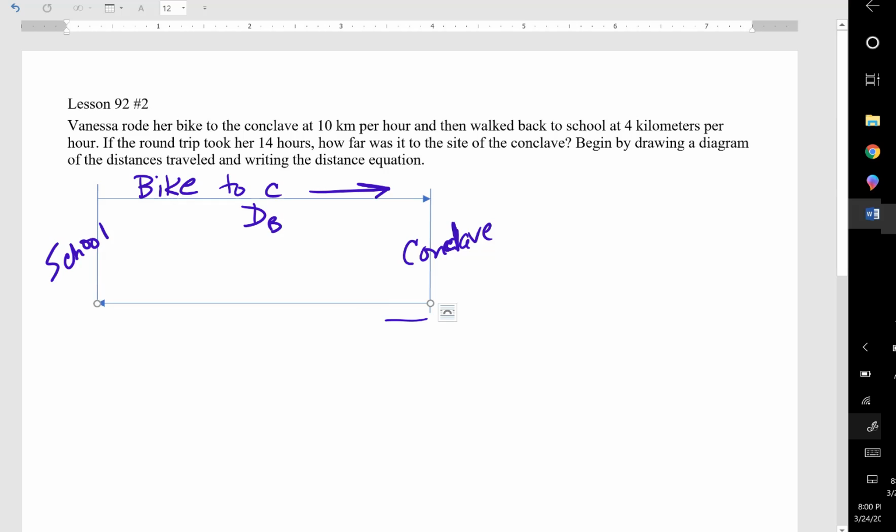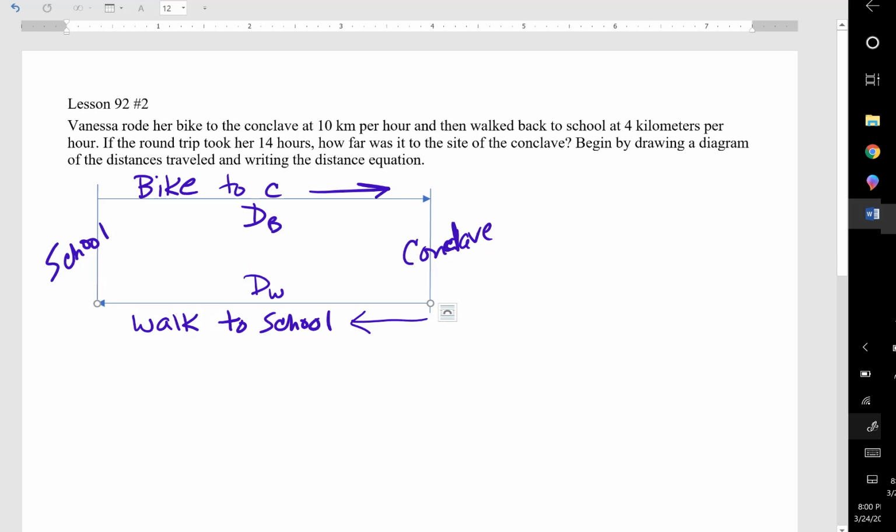And then she rides back to school. Well, she walks back to school. So walk to school. And that's the same exact distance as the way to the conclave. Or the distances are equal, but we'll still call this distance d sub w for distance walking.